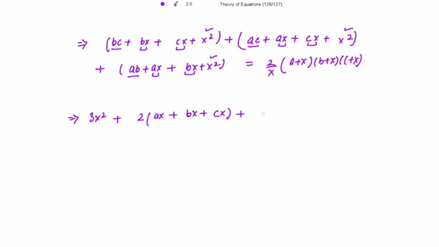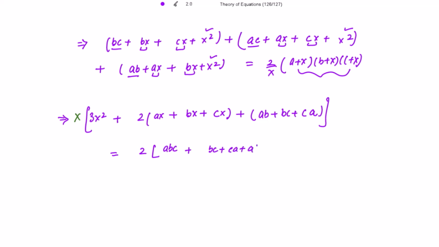So this is ab plus bc plus ca, and that is equal to twice of, let me take this x also to the other side. Let's open these brackets also. So this is abc plus (ab plus bc plus ca) into x, plus (a plus b plus c) x square plus x cube.